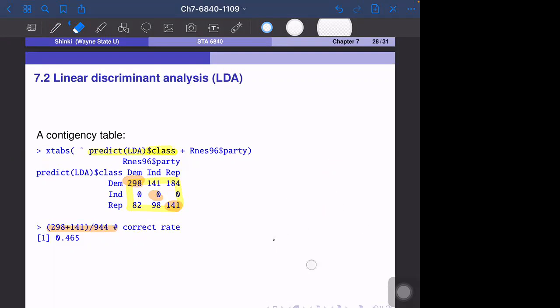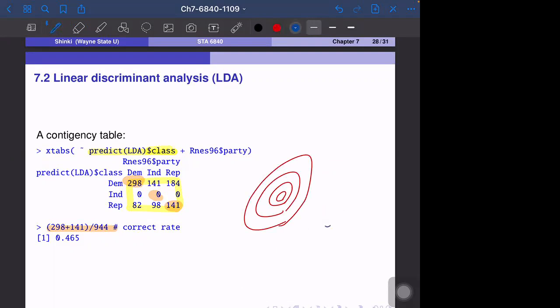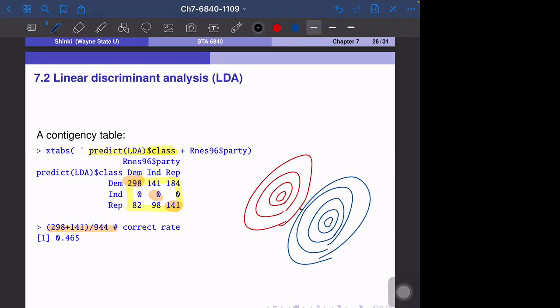So we have the Republican group like this, the estimated Democrat is this one, and the Independent probably like this, just in the middle, maybe slightly off, but almost in the middle.